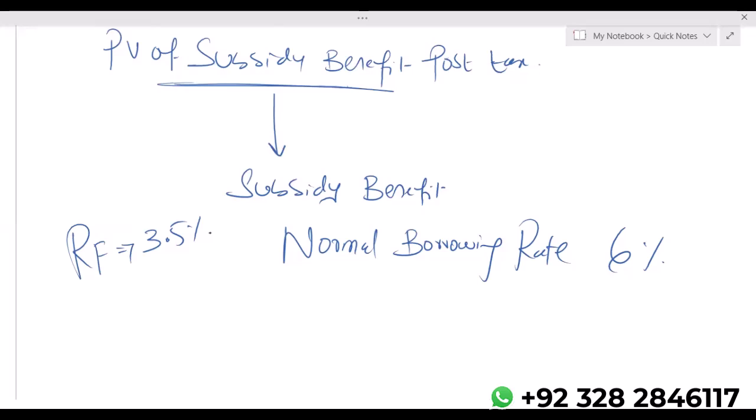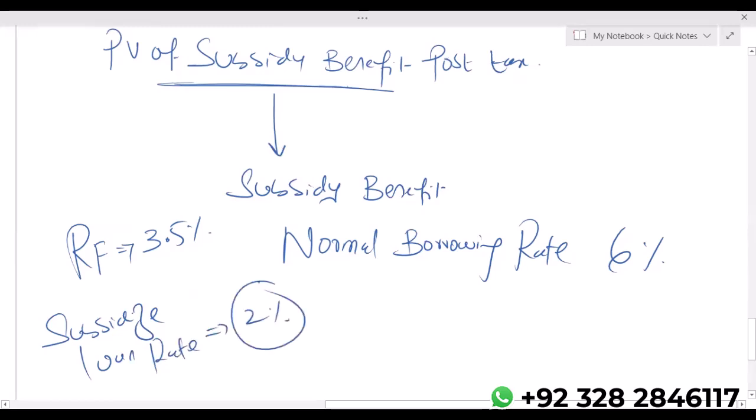The examiner is not directly giving you the subsidized rate. The examiner says the subsidized loan rate will be 1.5% lower than the risk-free rate. It means that the subsidized loan rate will be 2% for me? Yes or no?